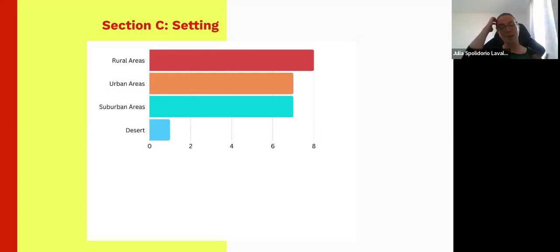So I looked through all the pictures of my books and redid my audit, which is going to be a little bit different for the professor with the information that they have. But I actually have about 7 to 8 books on rural areas, urban areas, and suburban areas, and only one book that talks a little bit about desert. So definitely setting is one I have the least amount of diversity in.